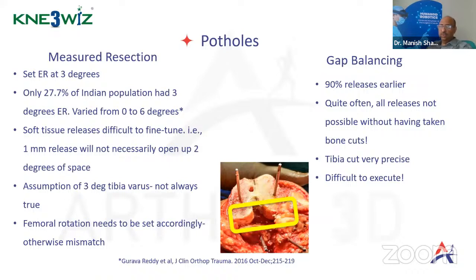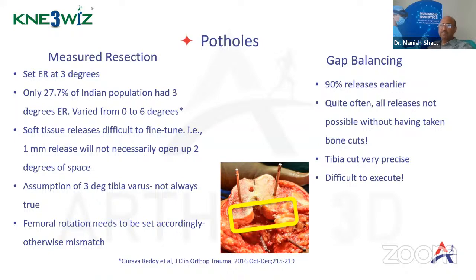But as we all know, in a measured resection, when we set it at just 3 degrees, only 1 in 3 of the Indian population had a 3-degree external rotation. This was a study by Dr. Gurva Reddy, published in 2016. Soft tissue release is difficult to fine-tune because they give unpredictable amount of opening up of the joint space.